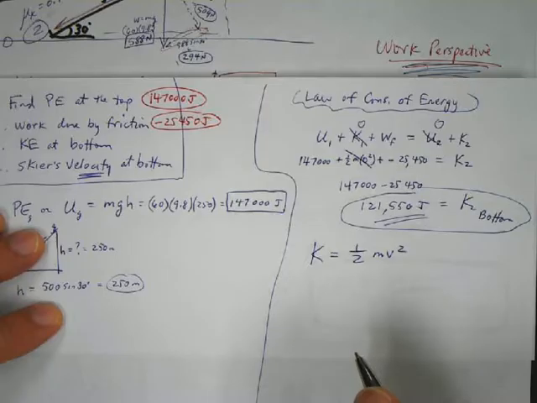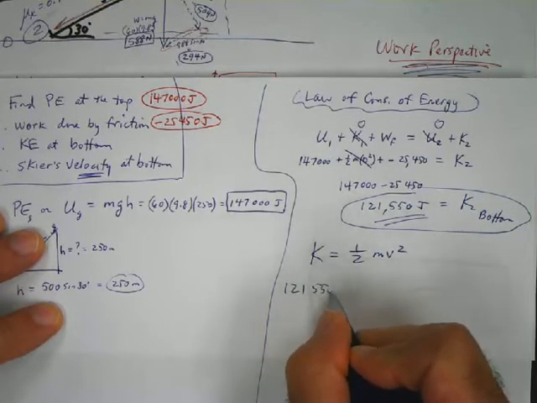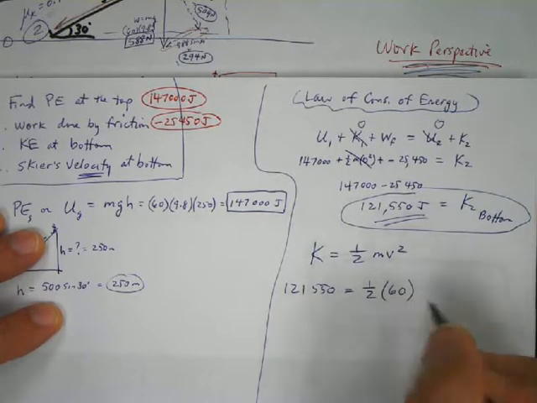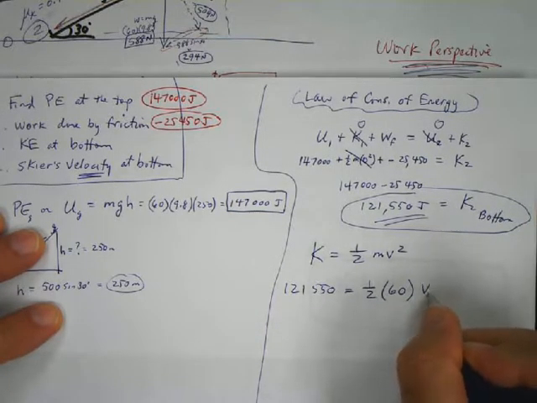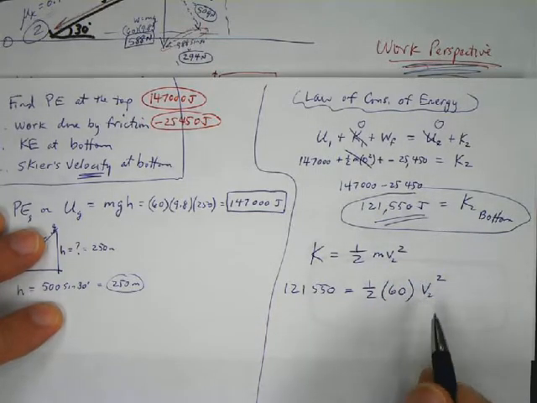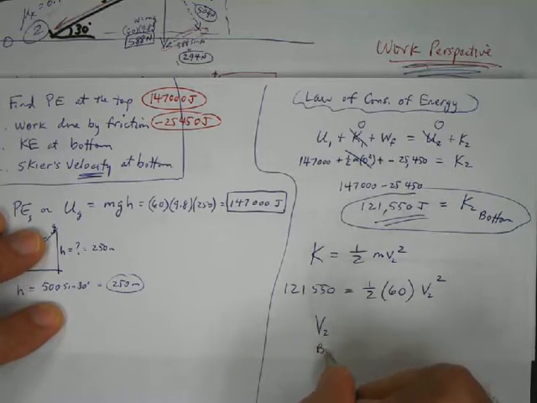It's 1/2, and then 60 for the mass of the skier, and V2 is what we want to find. So if we do the math, we get that V2, the velocity at the bottom, is approximately 63.6 meters per second.